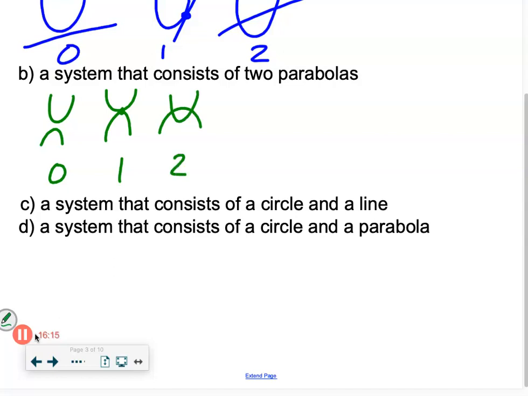Okay. Same thing. Can I get anything in between? Can I get 3? No? You sure? 4? You sure?